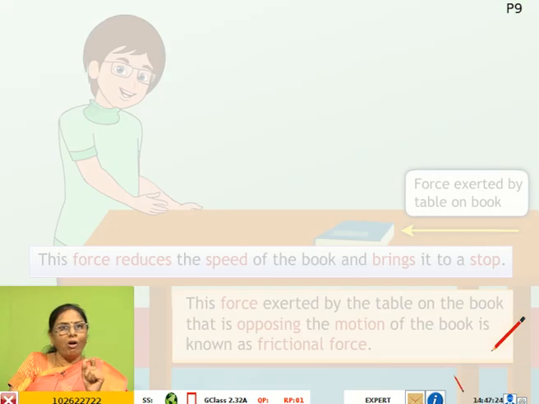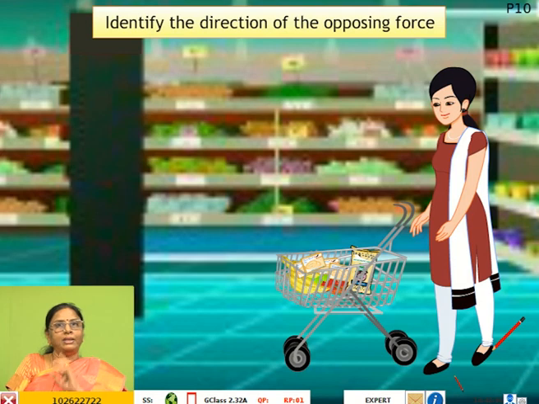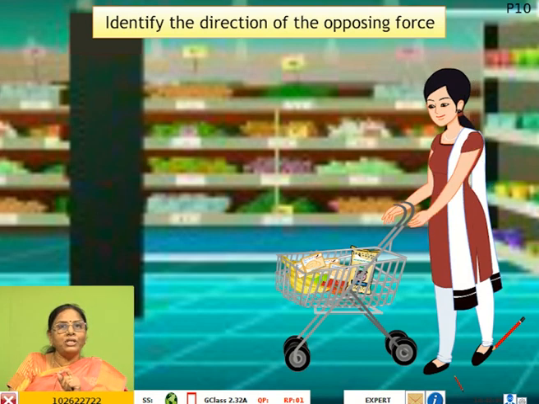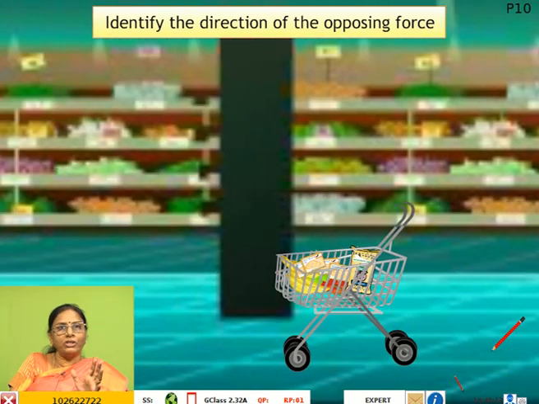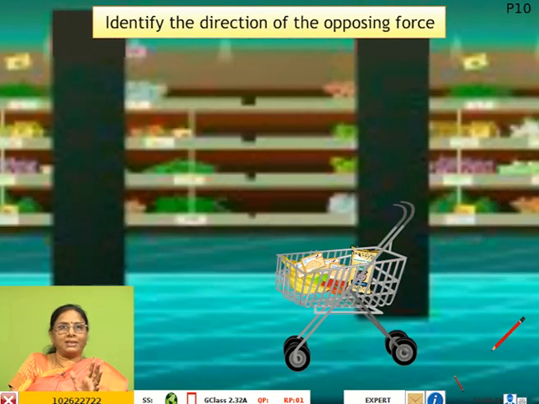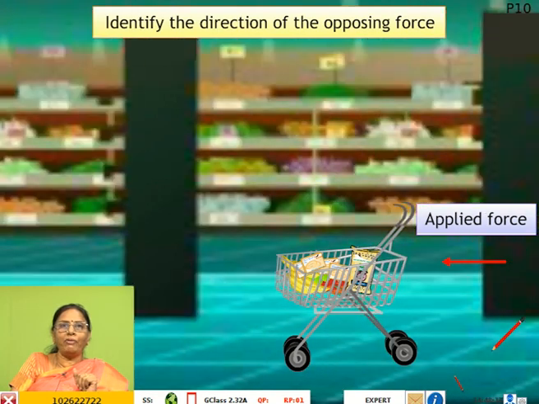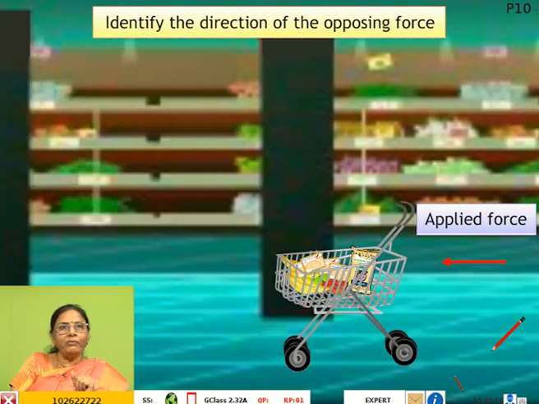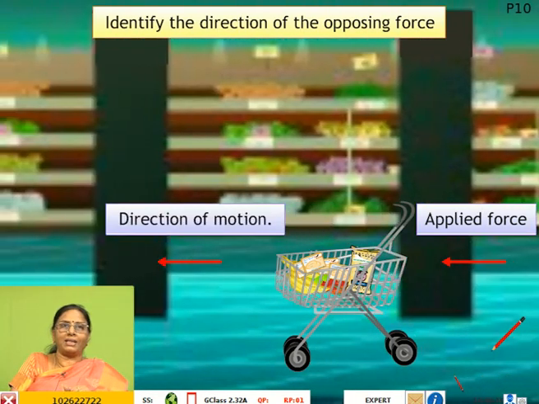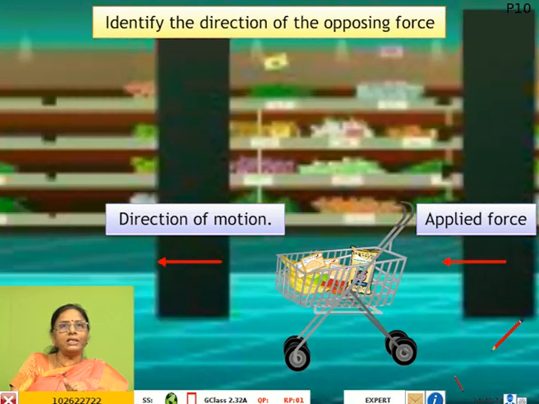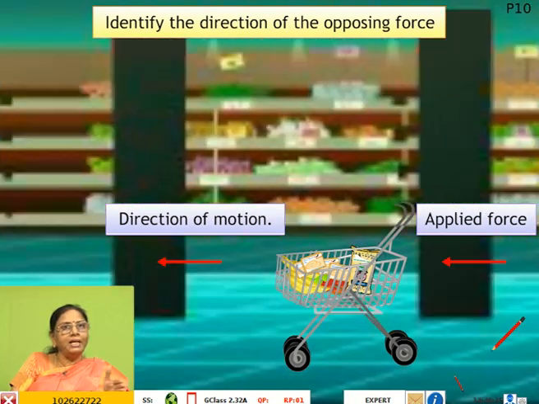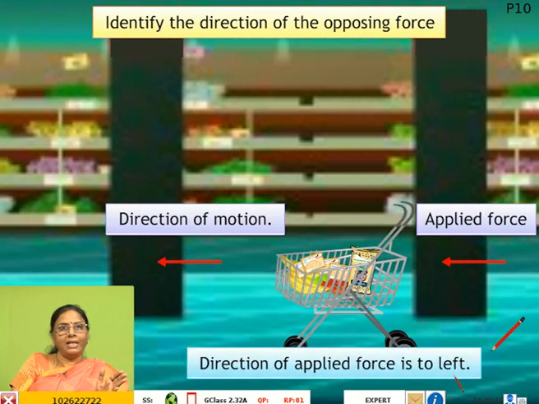Okay. Now, I have got a situation here. This is Riya. She is pushing the trolley. What is the direction in which the force is acting on the trolley? Yes, this is the direction of the applied force. And the direction of movement of the trolley? Yes. So, the direction of motion is towards the left, isn't it?